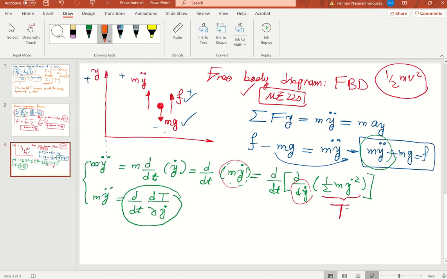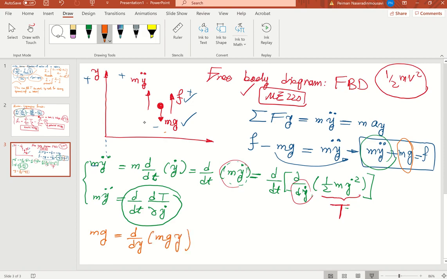Let me change the color. This term, mg. When you see mg in dynamics, it means that you have potential force, potential energy. Let us take a look at that. Mg is equal to d over dy of mgy.